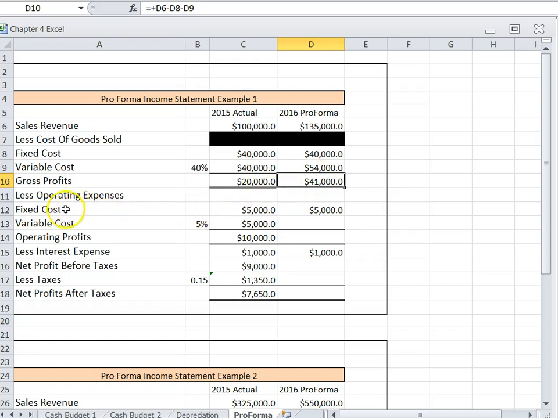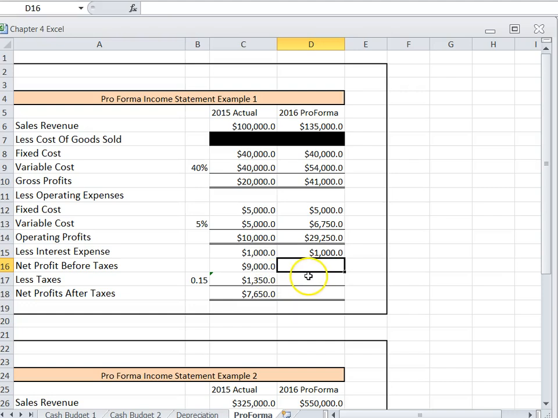Now, if we're going to do my operating expenses, the variable costs are 5%. So again, I'm going to take 5% of my sales, and I'm going to calculate my operating profits by taking my gross profits minus my fixed costs minus my variable costs. Okay. Now, less interest expense, it's already written in. We don't calculate anything there.